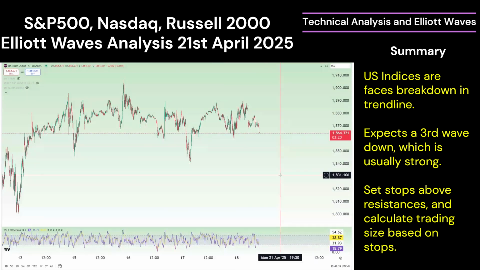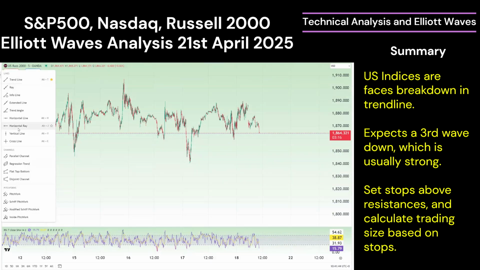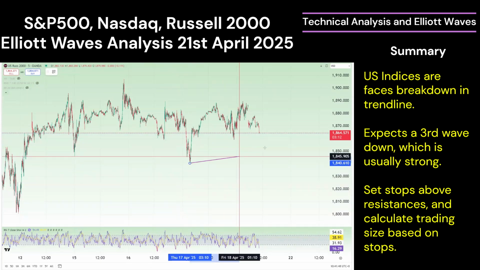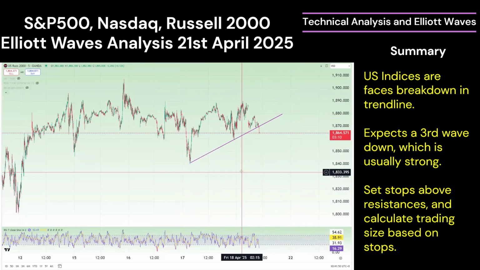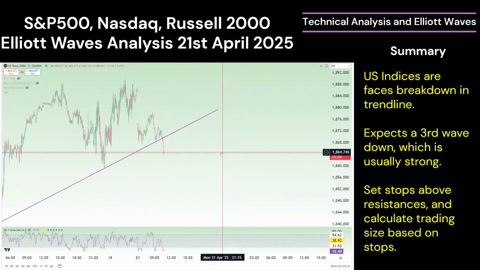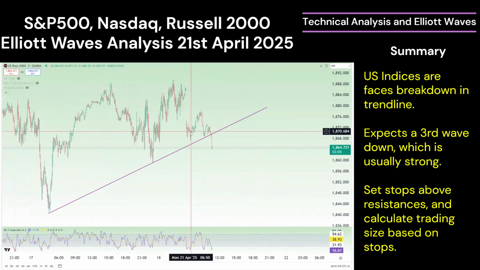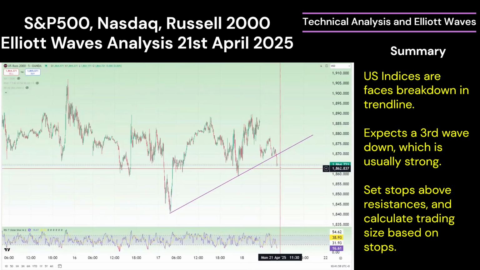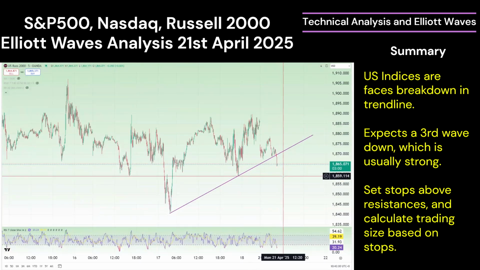Next, we do the Russell 2000. The Russell 2000 has also broken down, if I'm not wrong. Yes, it has broken down, and if you take a look closely here, it actually did a bit of consolidation before breaking down. So I would expect that you will still have some place to move, at least in the very short term trading.